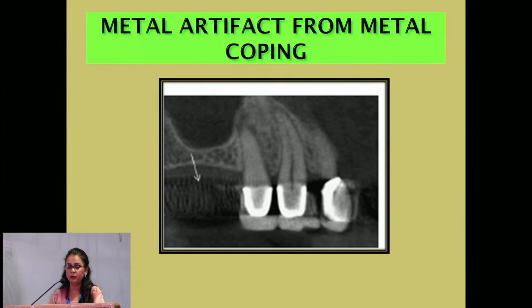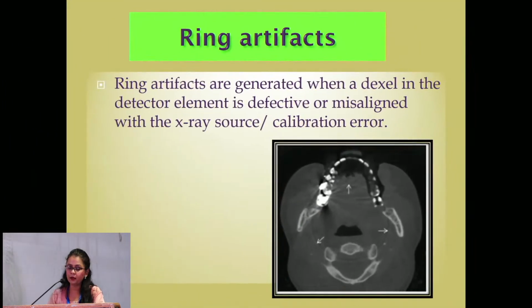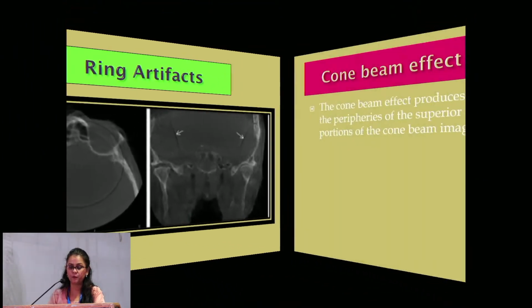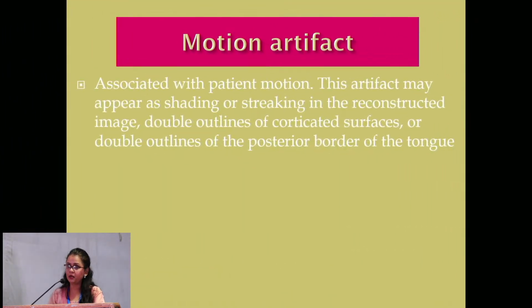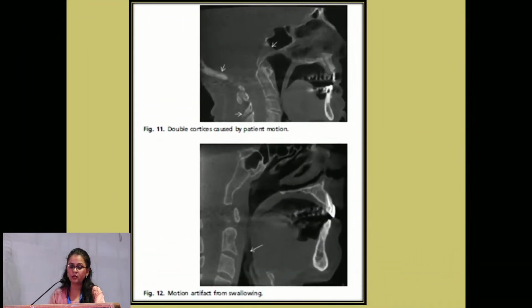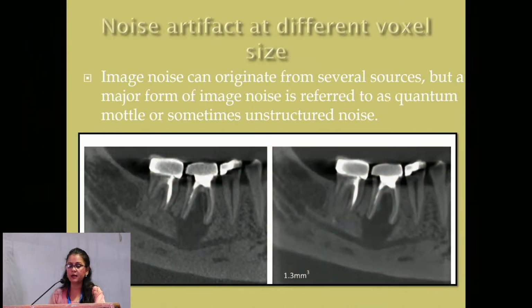This is a metal artifact from the metal coping. A ring artifact. So these are a few limitations. Motion artifact, especially in the case of an old patient. That is why you are supposed to take a small field of view whenever it's possible. Noise artifact.